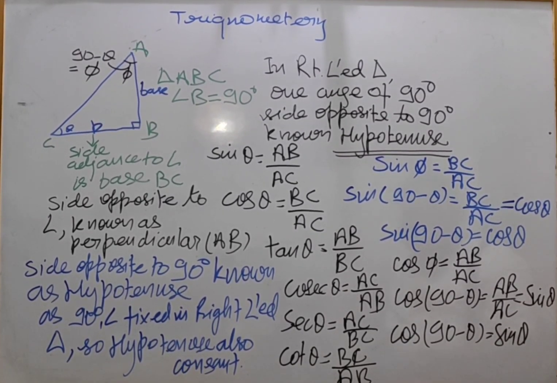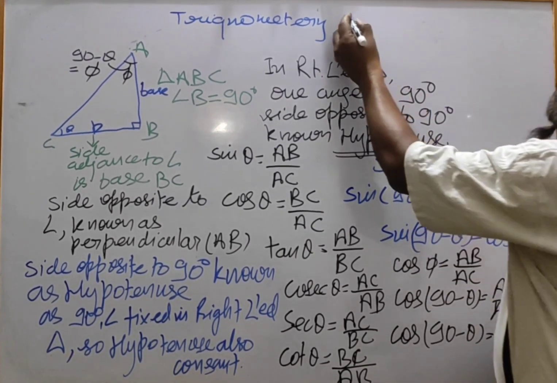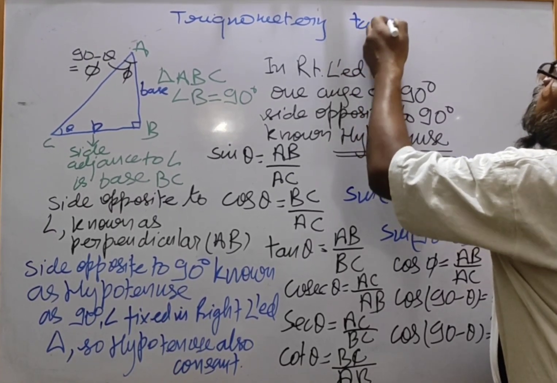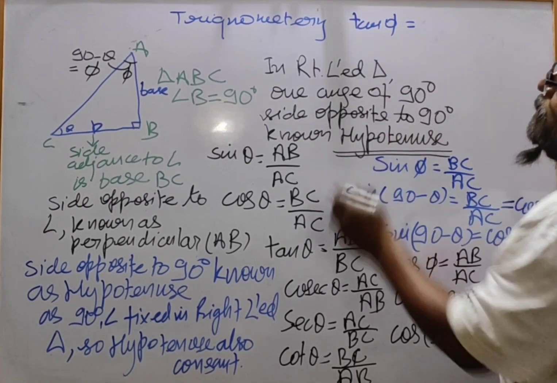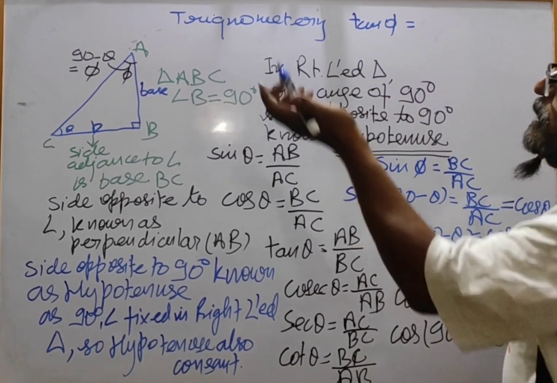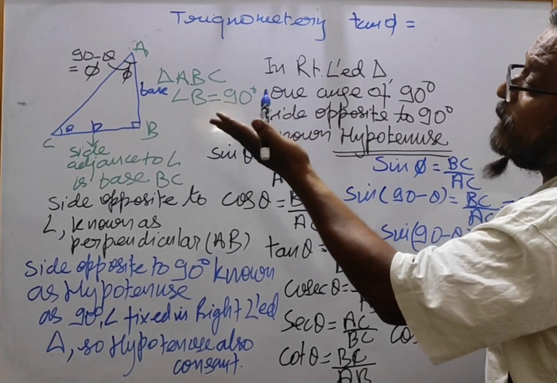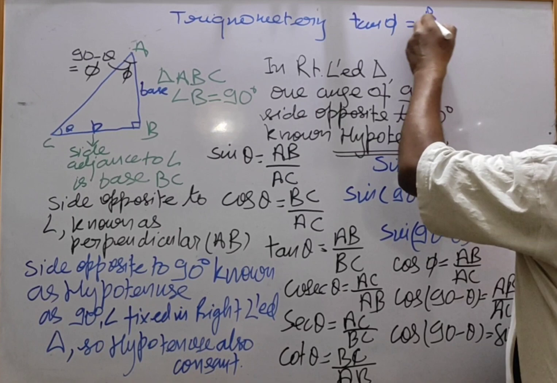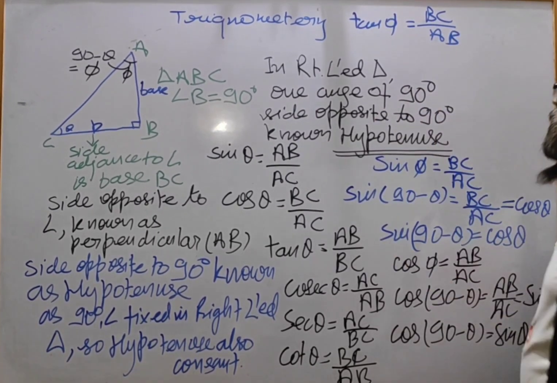Okay. If I say tan phi, so we can write tan phi is equal to perpendicular upon base, so BC upon AB. Getting?